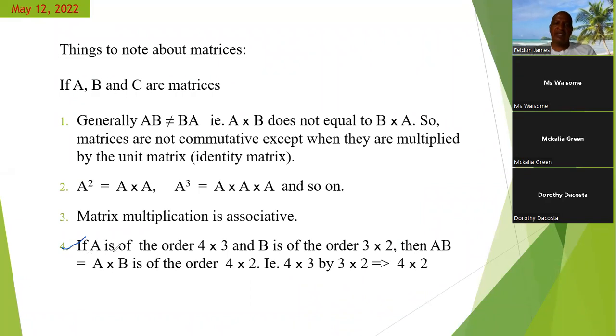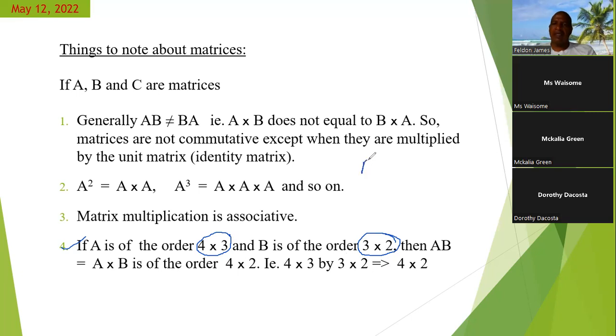It says that if the matrix A is of the order 4 by 3, so the order of this first matrix is 4 by 3, and the order of the second matrix is a 3 by 2. Then the matrix A times B, meaning when you multiply, this is what we're saying.